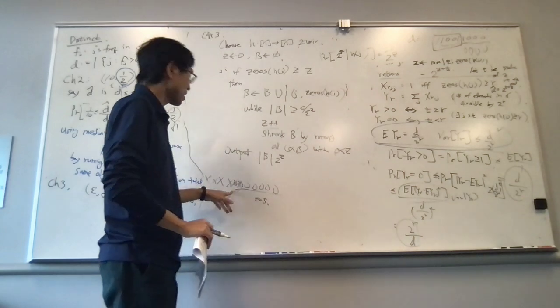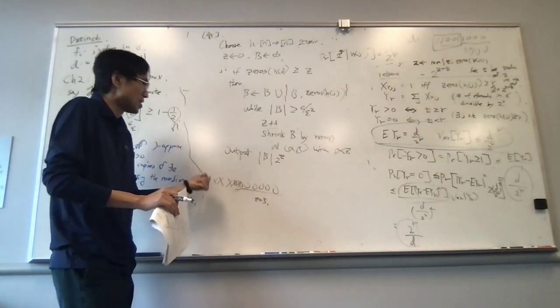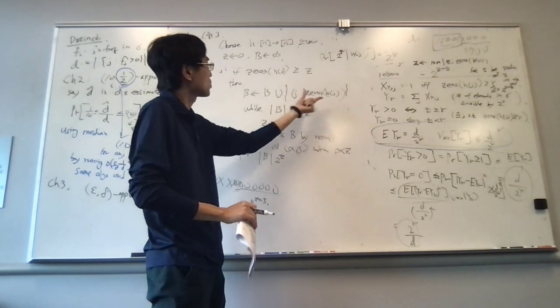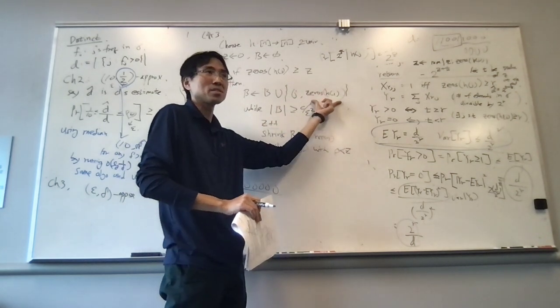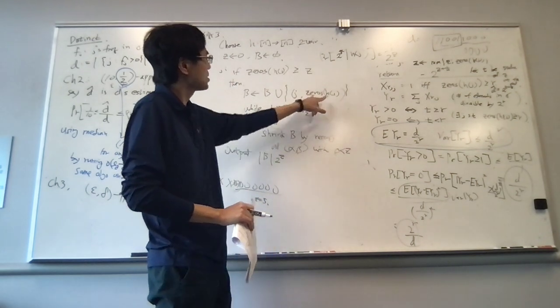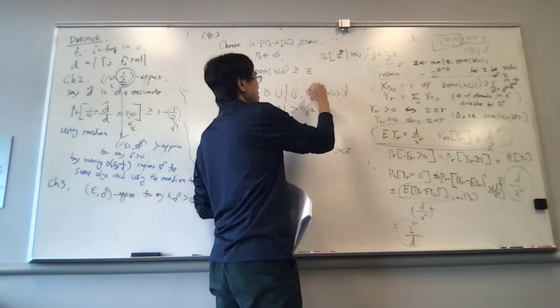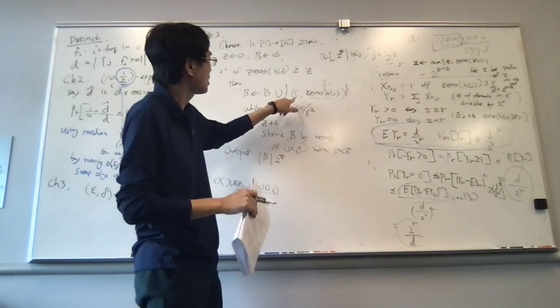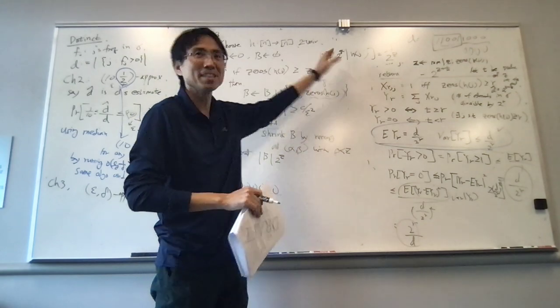So let's keep the element's id, and let's also keep how many zeros it had. If it's like 8, it means that roughly speaking, I believe there were about 2 to the 8 different elements.